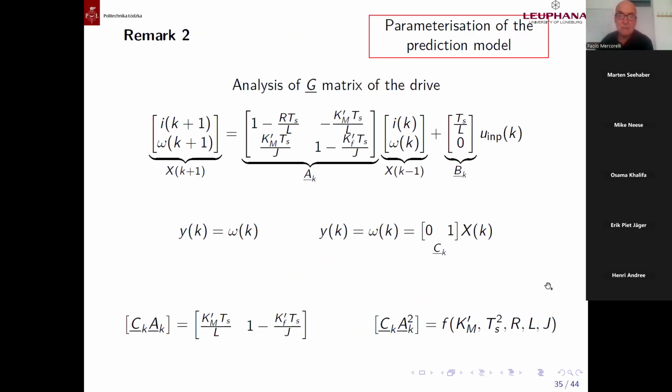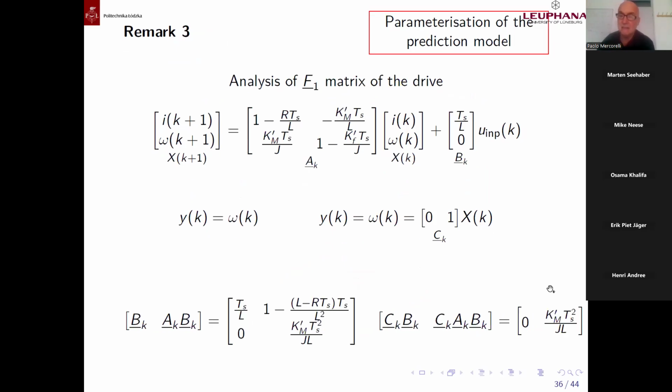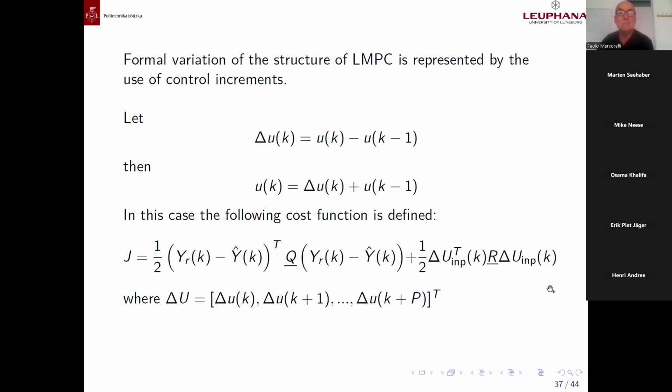This I would like to skip at this moment because it's a little bit advanced, something related to controllability. Look at this. Delta UK equals UK minus UK minus 1. This means UK is delta UK plus U of K minus 1.